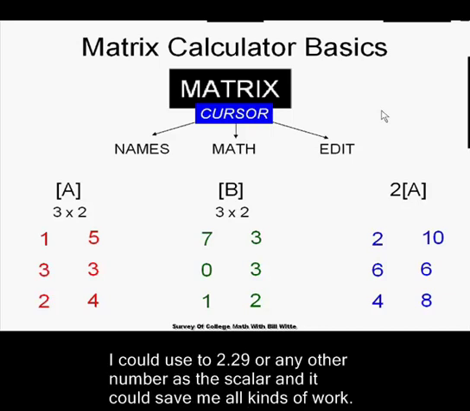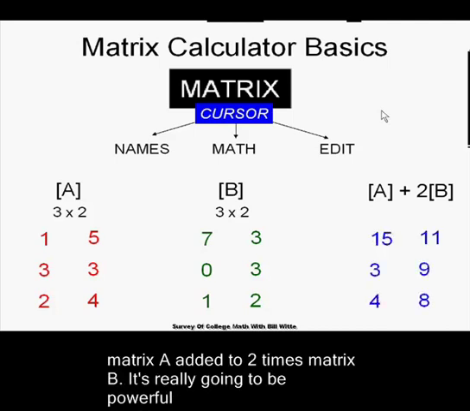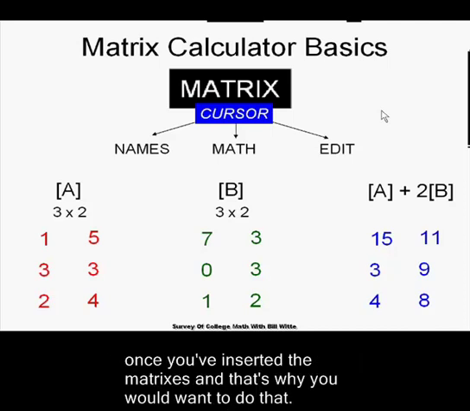I could use 2.29 or something, couldn't I? It would save me all kinds of work. Or something like this. I hope you appreciate that's going to be matrix A added to 2 times matrix B. Hey man, check it out, huh? It's really going to be powerful once you've inserted the matrices. That's why you would want to do that.